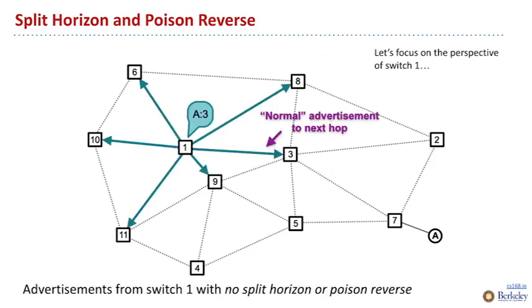So in a world without split horizon or poison reverse, let's just focus on our router switch 1 here. When switch 1 goes to advertise, it's going to tell each of its direct neighbors that it has a path to A with a cost of 3. Everyone who is connected to 1 directly hears about that.